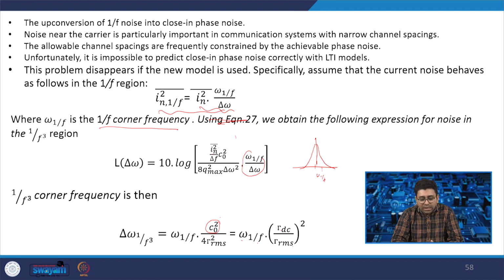So, we can improve the 1 by f cube corner frequency by reducing the gamma DC component of the impulse sensitivity function, and we can improve the phase noise of the oscillator.